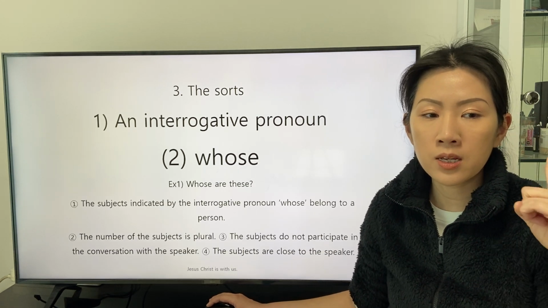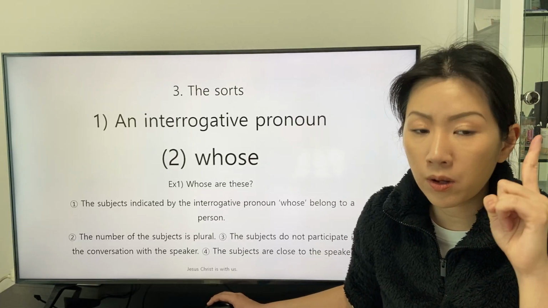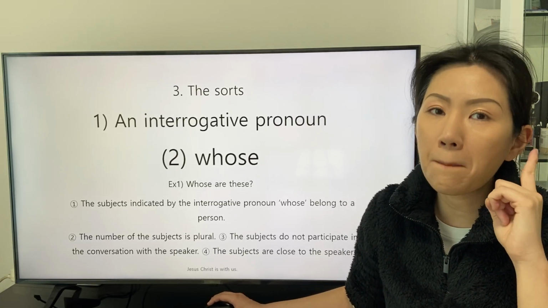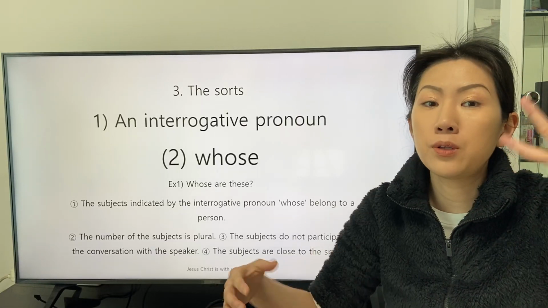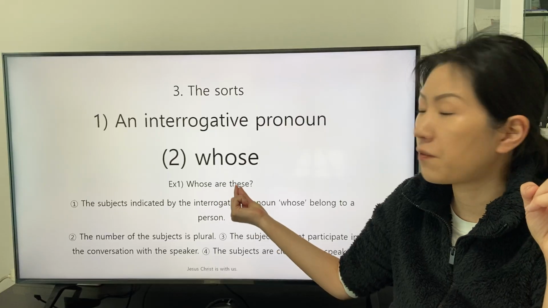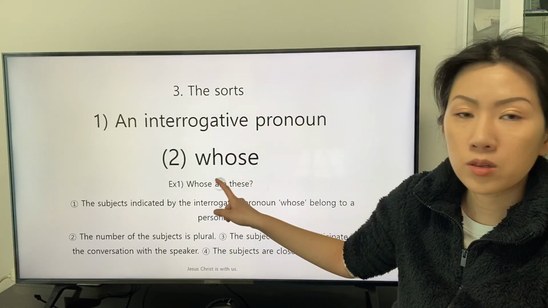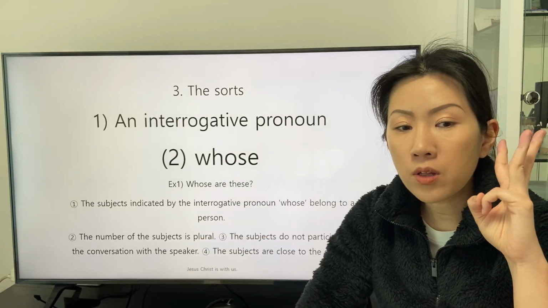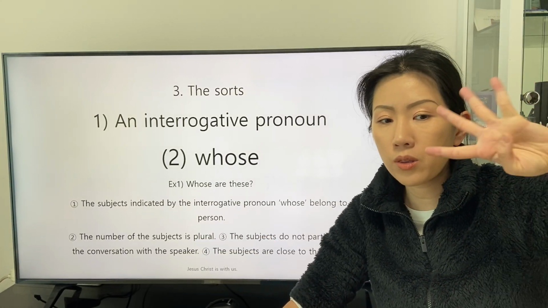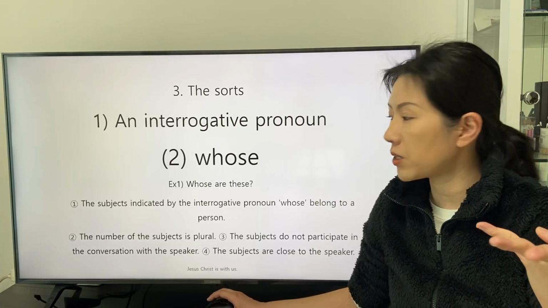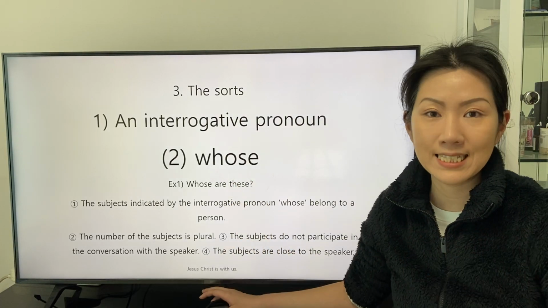The first one is this: the subject indicated by the interrogative pronoun whose belongs to a person. Number 2, the number of the subject is plural according to the form of the subject and the form of the be verb. Number 3, the subjects do not participate in the conversation with the speaker. Number 4, the subjects are close to the speaker by the application of the indicative pronoun these.